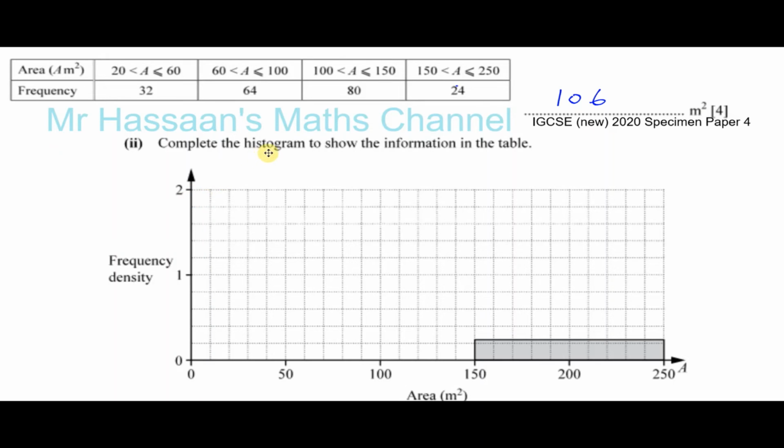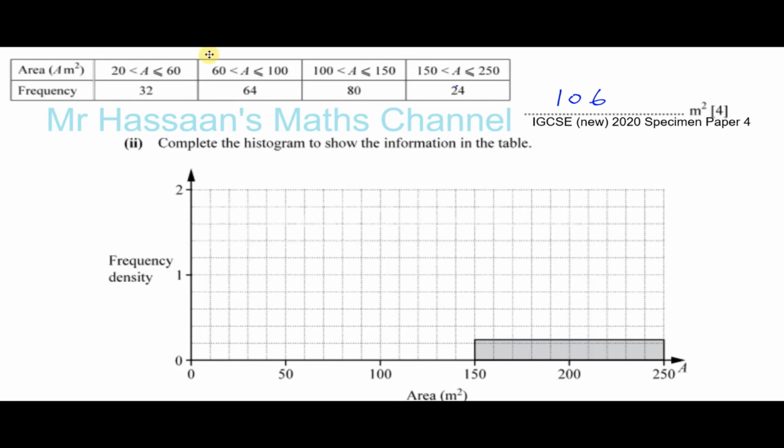Whereas a histogram is the area of the bar that represents the frequency of the data. And histograms are used when the width of each of the categories is not the same. If there's any one that's different than the others, then you have to use a histogram rather than a bar chart, because the area of the bar will look bigger than it should.